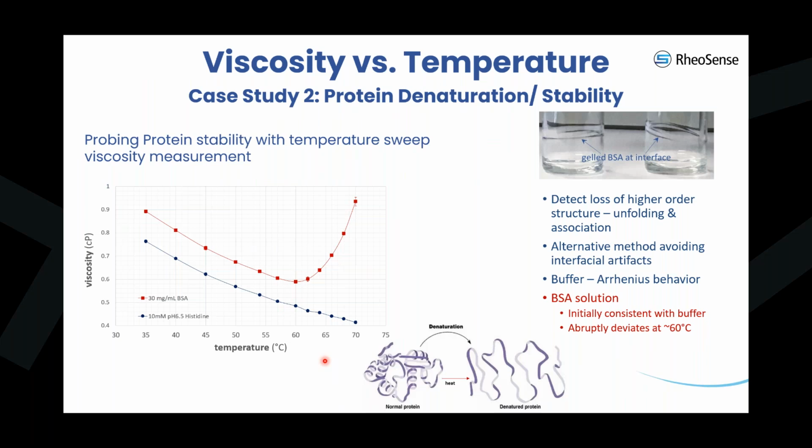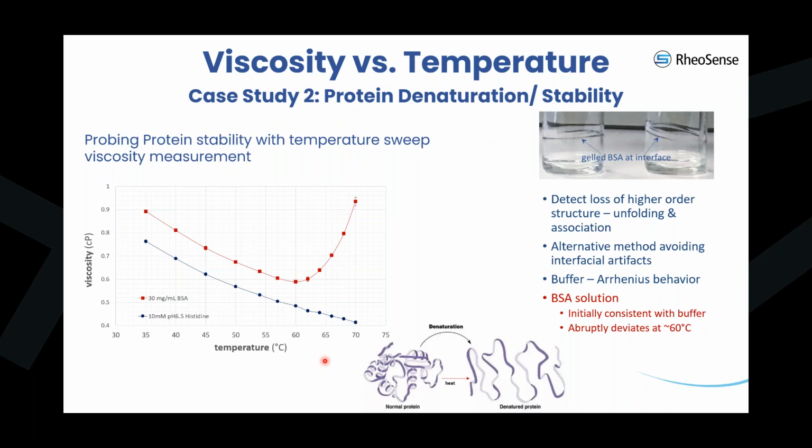It indicates that the BSA is losing its higher order structure, which leads to unfolding and beginning to aggregate or associate. In contrast, the buffer alone showed no such deviation, and it continues along the expected Arrhenius curve. This clearly shows that the viscosity change is due to the protein denaturation and confirms that we can use this method to detect structural changes in protein.